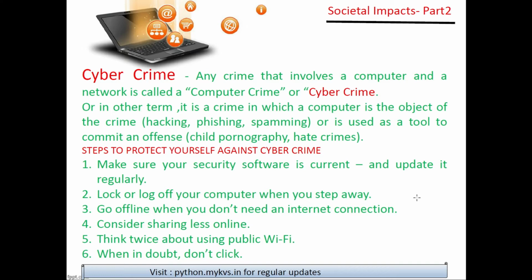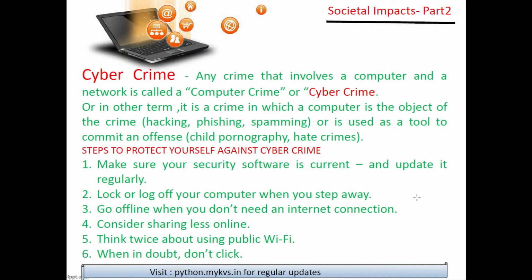In some cities, we are having free Wi-Fi zones. Like in Siliguri, till now it has not come, but it will come very shortly. In Kolkata and other central cities, we have free Wi-Fi zones. Some hotels also have free Wi-Fi. Those are not protected. So you have to be very careful about using public Wi-Fi.